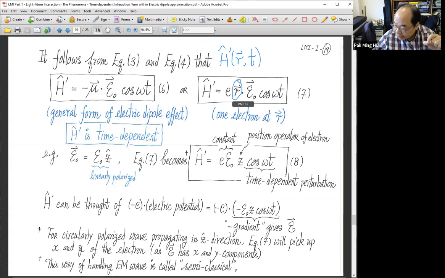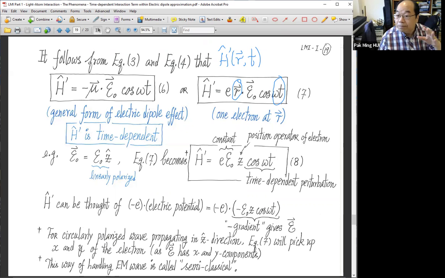And then this t is attached to the light angular frequency, okay? So you do see a time-dependent perturbation term now.